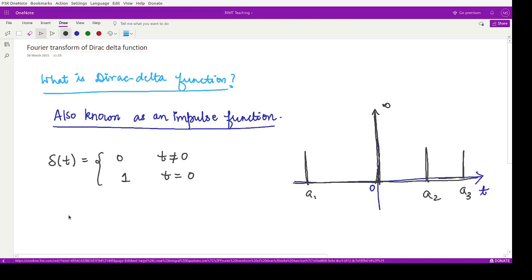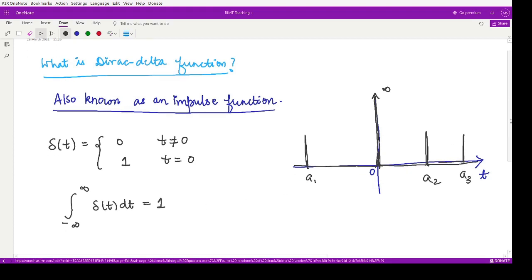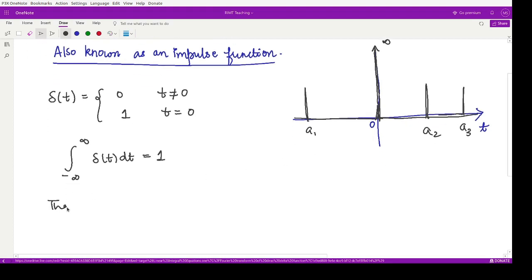Moreover, the property is that if we take its integration from minus infinity to infinity of delta t dt, this is equal to 1. So that is what we are saying. It is a force of 0 duration. That means it occurs instantaneously.